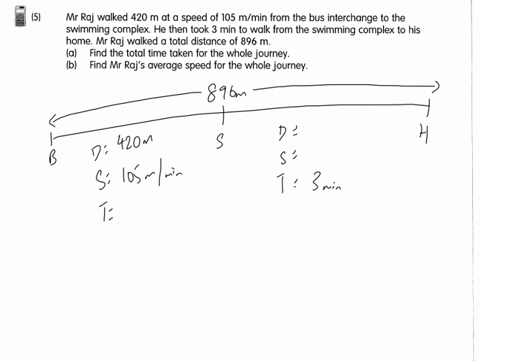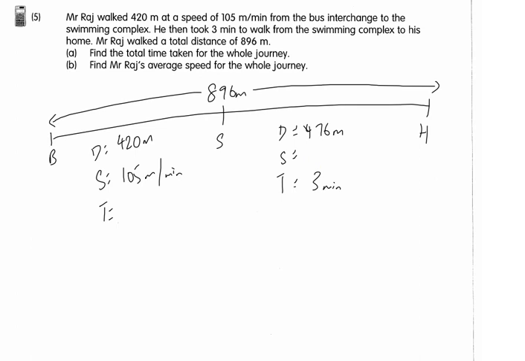Who doesn't know that, right? 476 meters. Okay, all these are simple calculations which you are able to do without the use of a calculator. Now with that, I have enough information to find the speed, and we can definitely find the average speed.